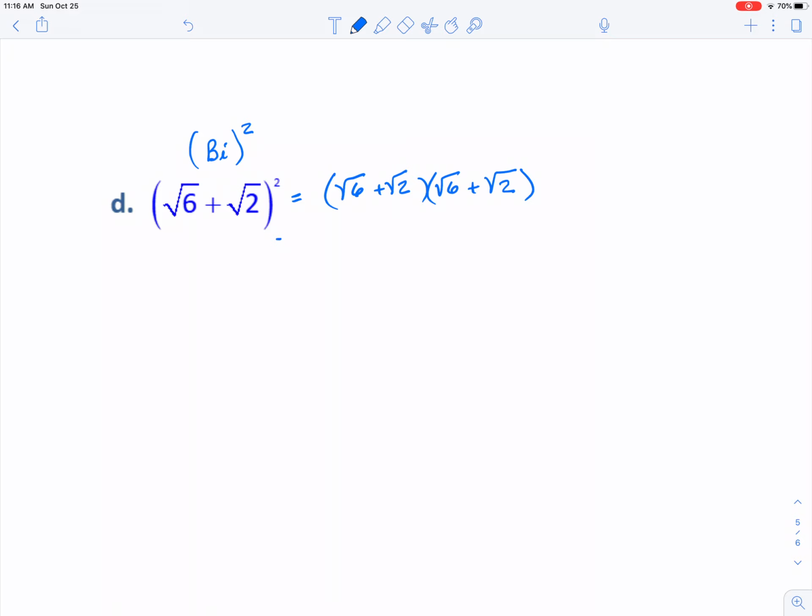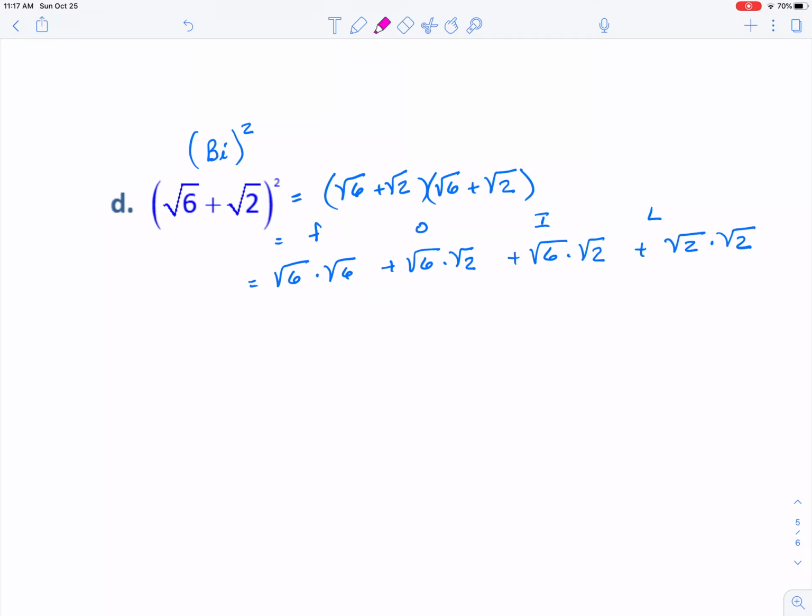And then I'm going to do the first, outer, inner, last process. So I have the square root of 6 times the square root of 6 for the first, plus I have the square root of 6 times the square root of 2 for the outside. I have the square root of 6 times the square root of 2 for the inside, and I have the square root of 2 times the square root of 2 for the last times last.